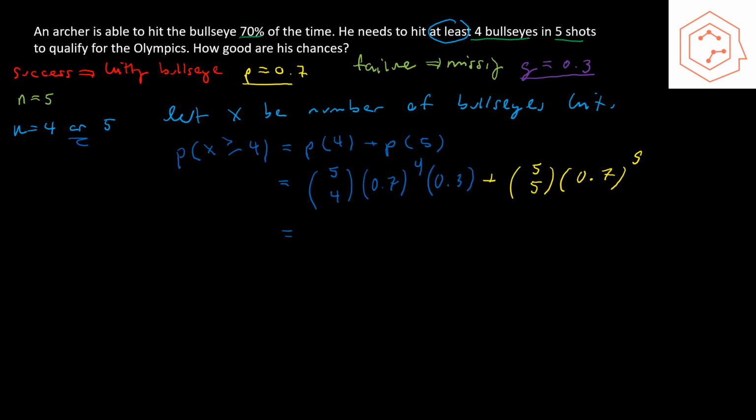If we work this out, there's 5 ways that you can choose 4 spots to be successes out of 5 trials. 0.7 to the power of 4 is 0.2401 times 0.3 plus, there's only one way to choose 5 spots to be successes out of a total of 5 spots, and that's the case where every single spot is a success, so that's going to be 1, and 0.7 to the power of 5 is 0.16807.